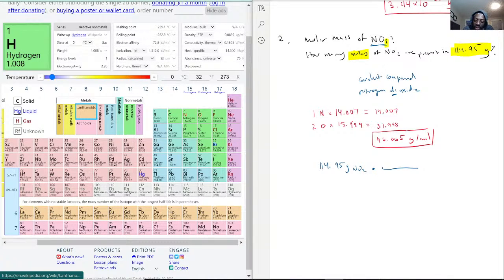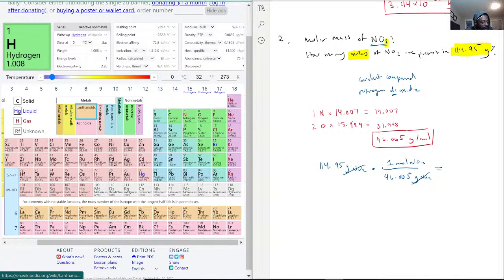So we would actually put the 46.005 grams of NO2 at the bottom is equal to 1 mole of NO2 at the top. Okay, and when we do that, we're pretty much having to divide the 114.95 by our molar mass, because you'll see the units definitely cancel out.